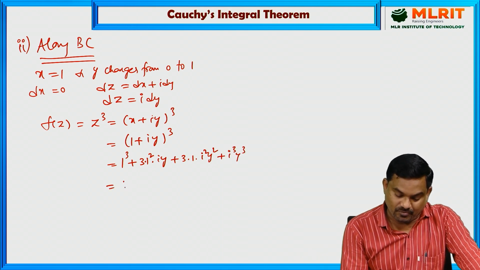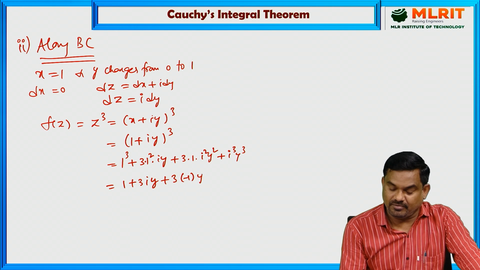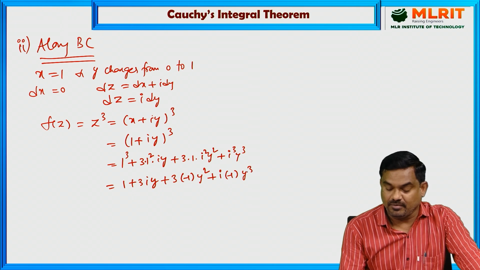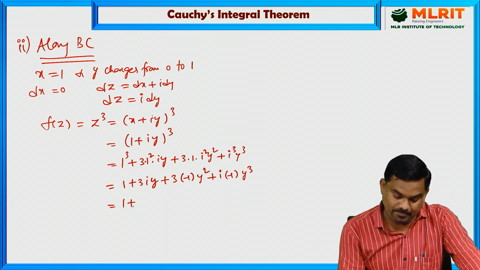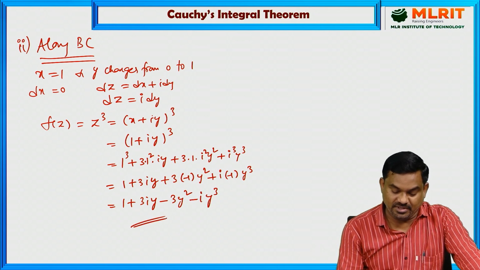So this is 1 plus 3iy plus 3i square y square, where i square is -1, plus i cube y cube, which can be written as i into i square, and i square is -1. So this is 1 plus 3iy minus 3y square minus iy cube. So this is f of z.